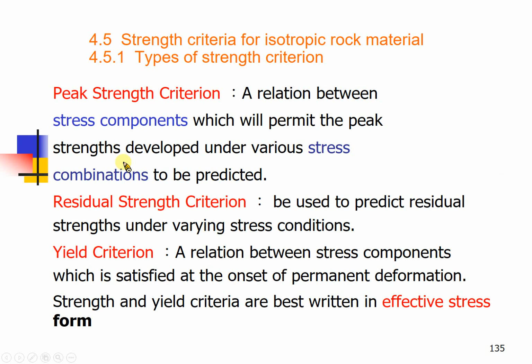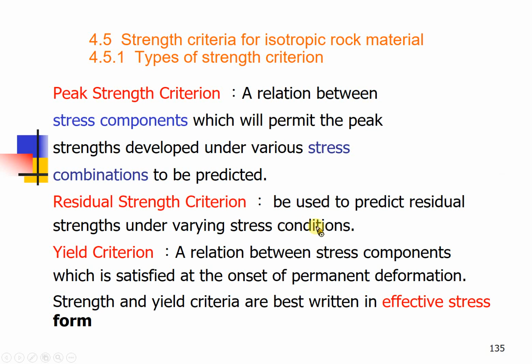We have three different kinds of criterion. Two are related to strength and one is related to yield. For the stress-strain curves, we will have the peak strength and the residual strength. For all of the stress combinations that show the failure peak stress, you will have the peak strength criterion.